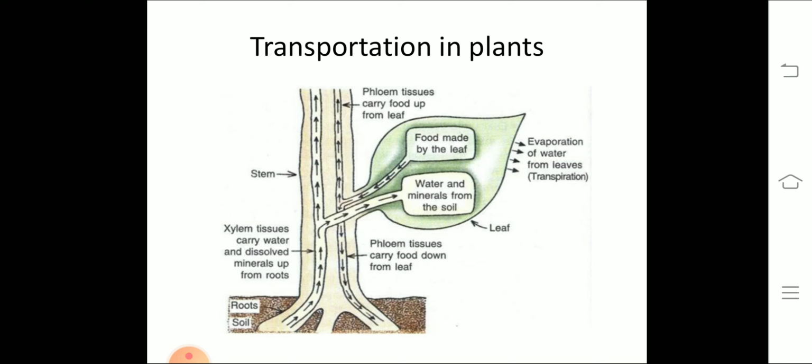But if the system taking in the materials and the system doing the process are very far away, how does this happen? How are the materials taken to that place, and how do the target organs receive the things they require?